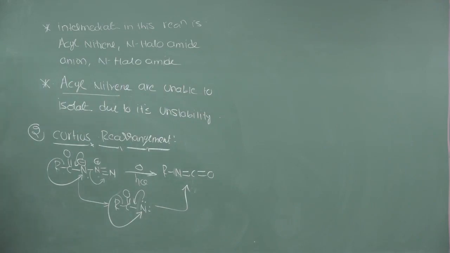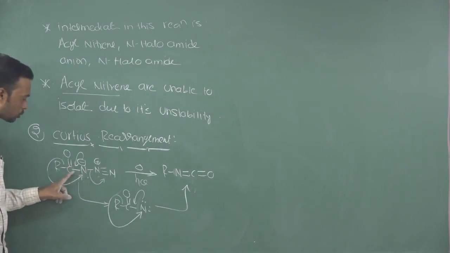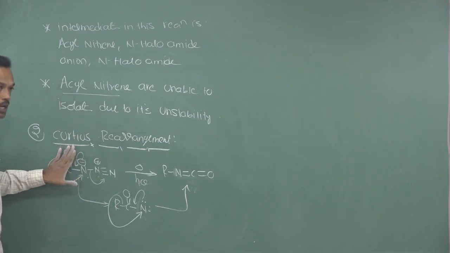Try to deliver names clearly without any mistakes. Acyl azide. If I write an alkyl group here in place of this, alkyl azide.